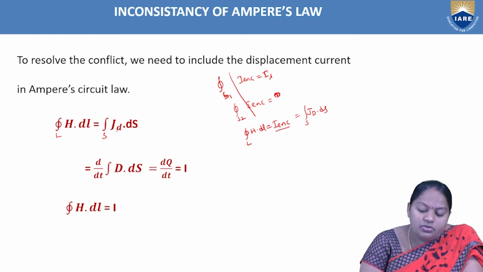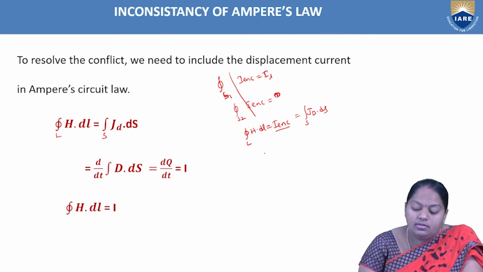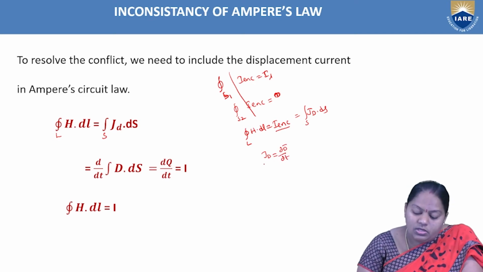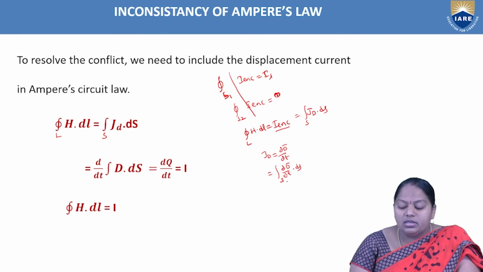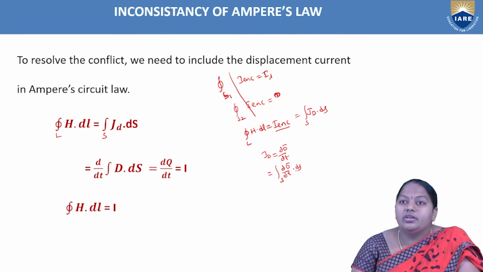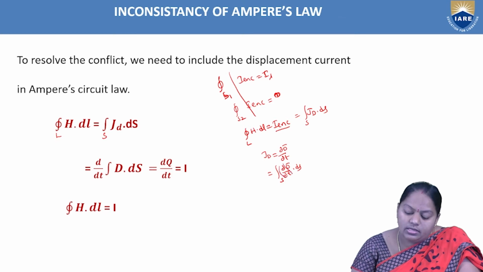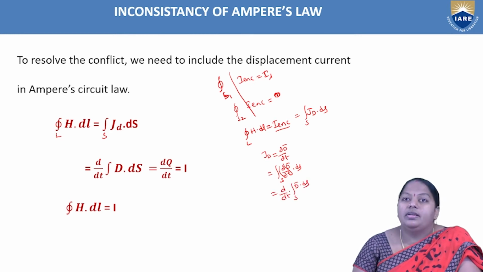Now, if we substitute JD equal to dou D by dou t, the mathematical equation, then the integral over S of JD becomes dou D bar by dou t dot ds. If we take the partial derivative out of the integration, it becomes d by dt of the integral over S of D bar dot ds.